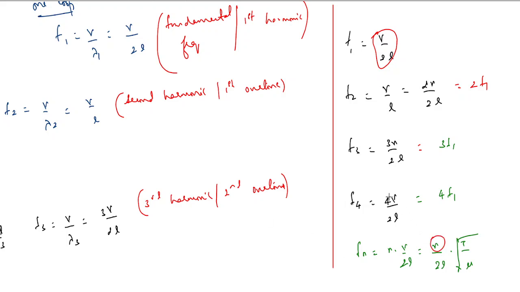So in case of a string where both ends are fixed, we get both odd as well as even harmonics. The frequencies are in the ratio of 1 is to 2 is to 3, and so on. So here we get all the possible harmonics. This is the form of modes or frequencies in case of a stretched string fixed at both ends.